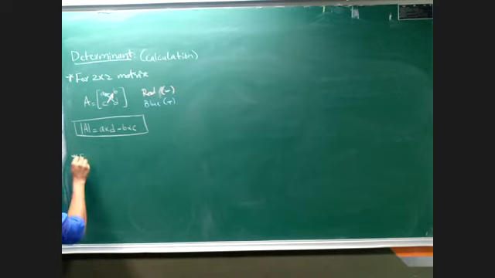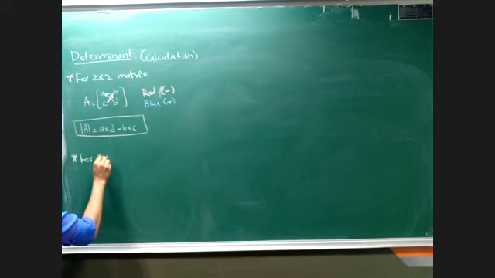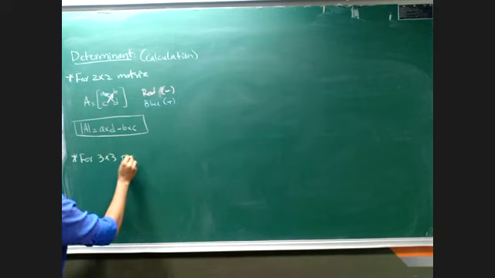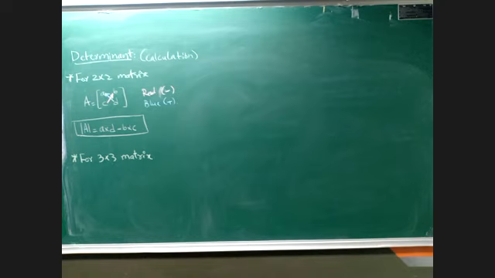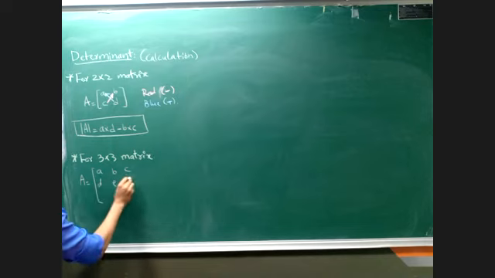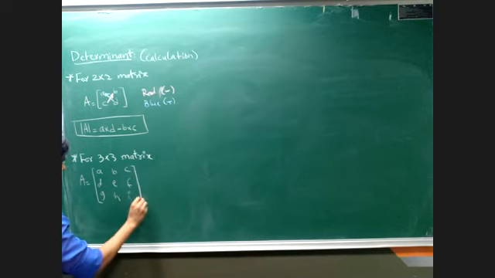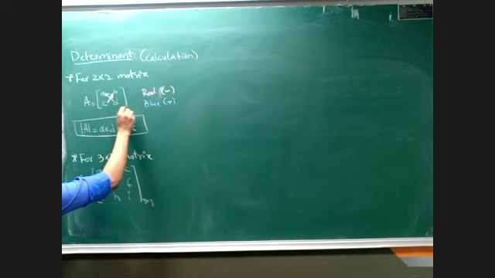For a 3 by 3 matrix. Okay. So suppose I have a matrix that is 3 by 3: A, B, C, and let's suppose D, E, F, G, H, I. I have a 3 by 3 matrix, and here a 2 by 2 matrix.